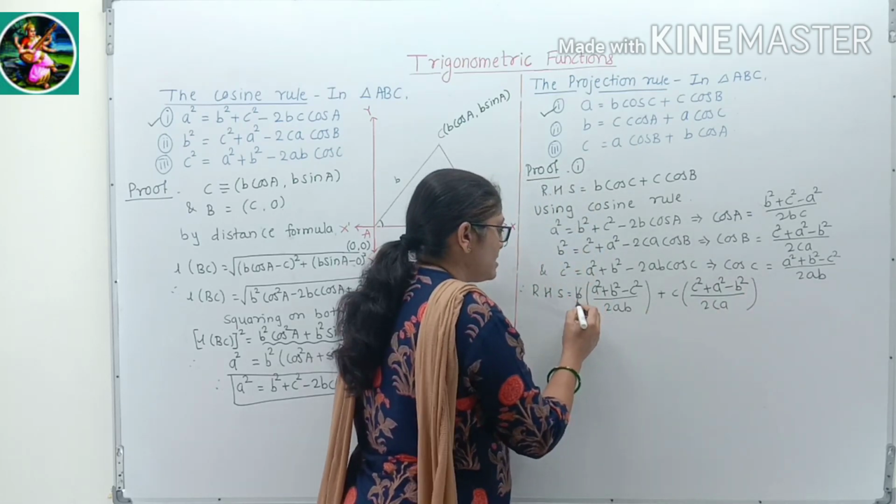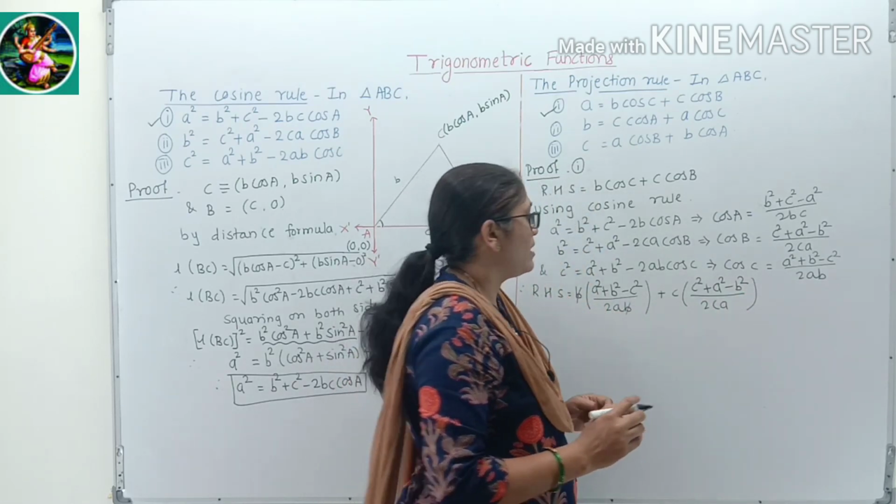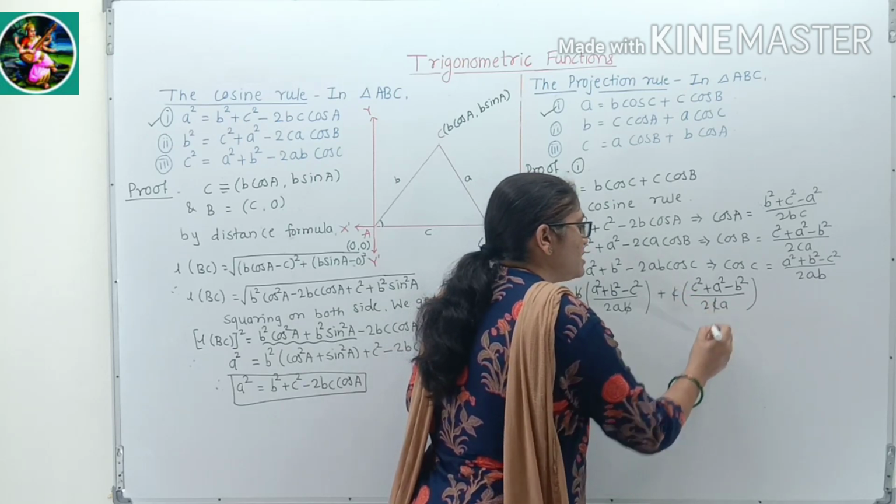Here we cancel this b with this denominator b and this c with this c.